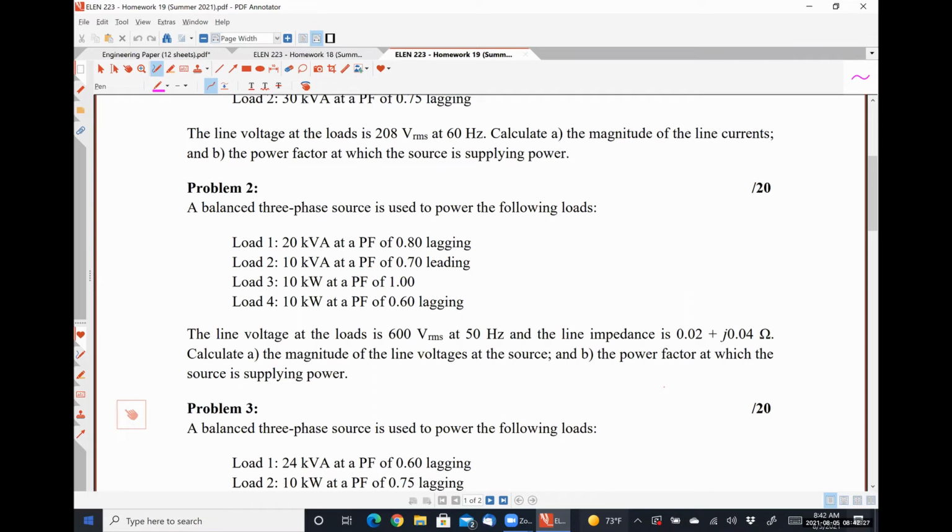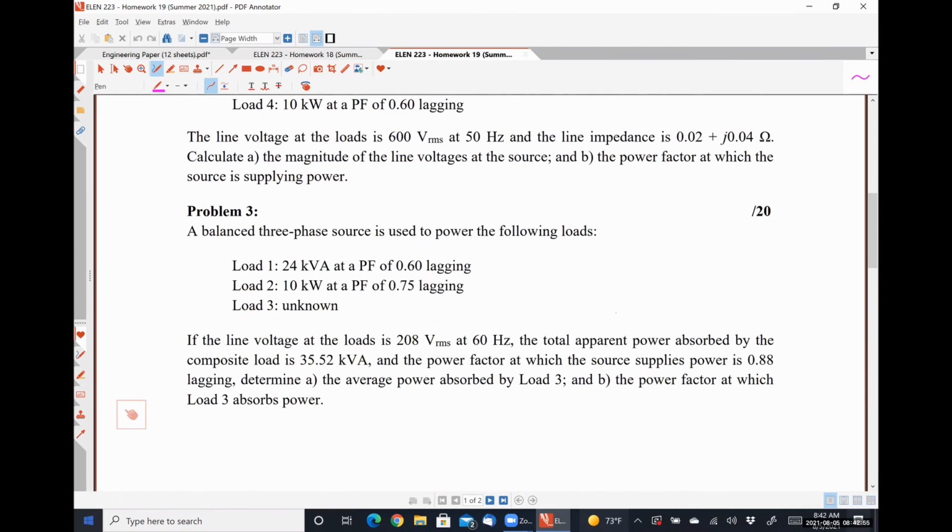But the source is supplying power to those loads and 3 phases of transmission line. So you got to make sure that you're taking into account all 3 phases of transmission line losses, if that makes any sense. So each individual line is going to have some amount of loss. They're all going to lose the same amount. So you'd effectively just figure out the loss over one line and then multiply it by 3.